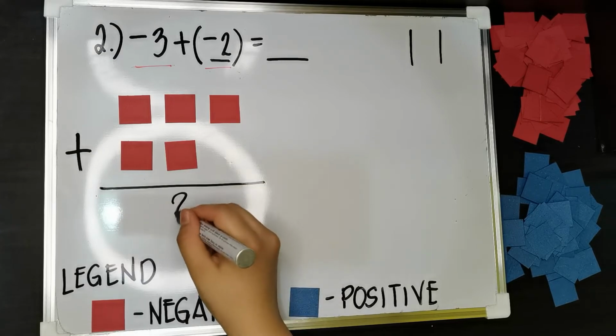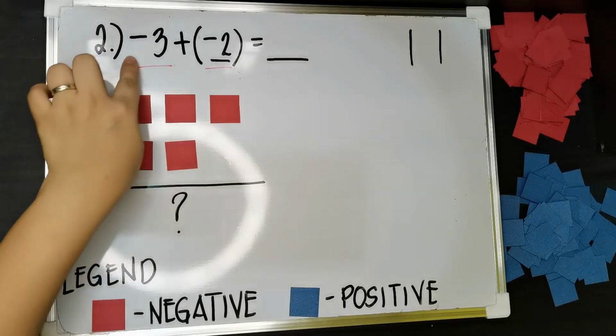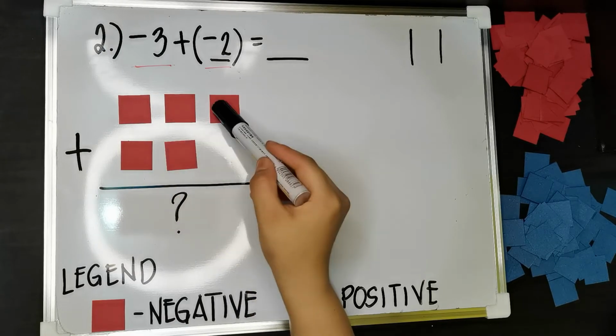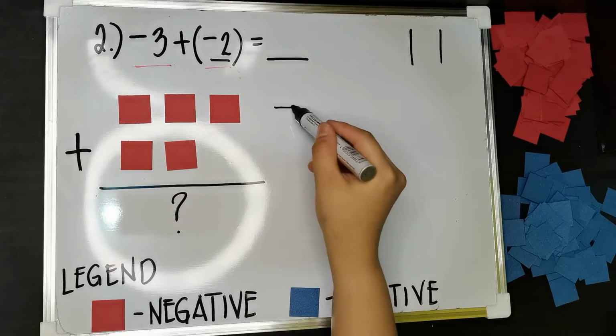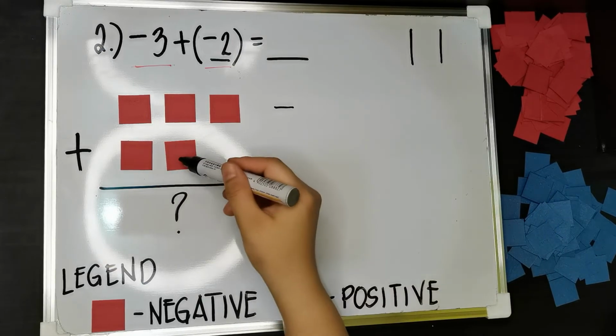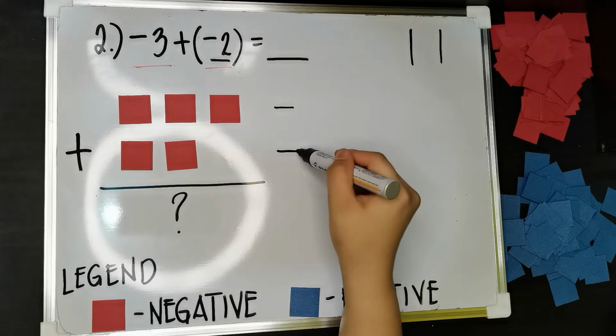Okay, to find the answer, parang katulad lang to nung kanina na number 1 na example. The only difference is that eto parehas negative, but still, ang pagsagot parehas lang. Now you will see here na eto ay lahat negative. Eto naman, since this is a red sign tile, that is also negative.